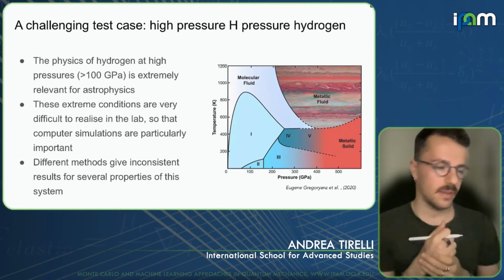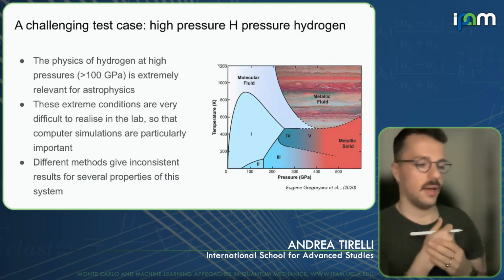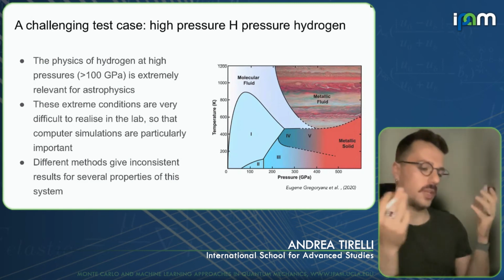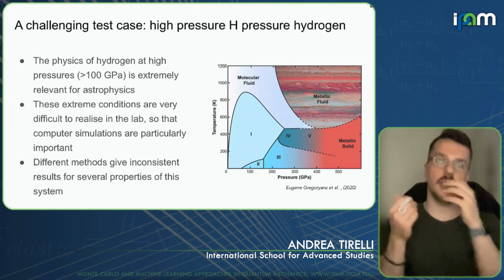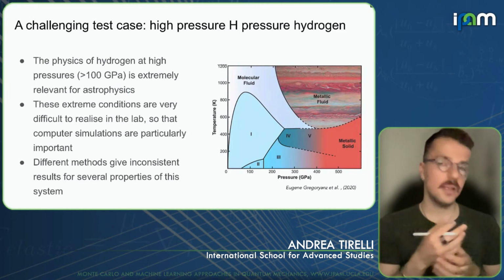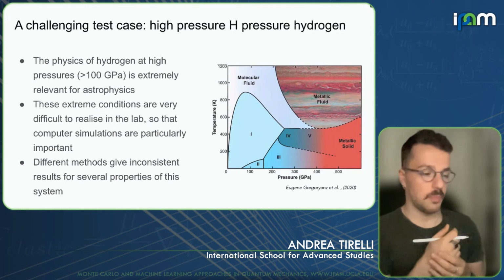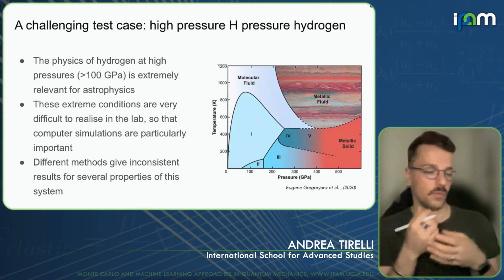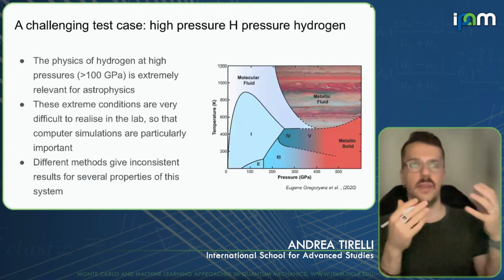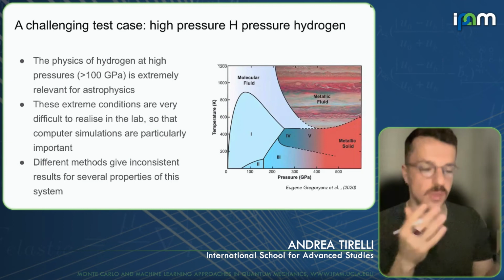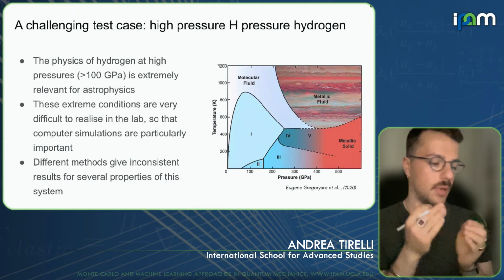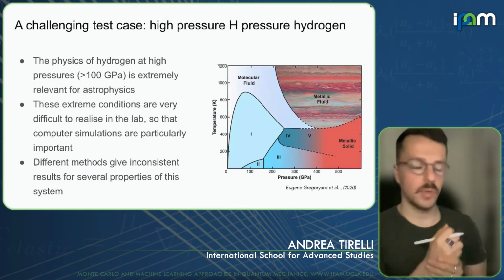So of course, you probably all know much better than me the importance of studying hydrogen at high pressure, especially in astrophysics and planetary science. And in these studies, understanding the properties of hydrogen with experiments is very difficult, because we are at conditions which are very difficult to realize in experiments, and so simulations become of paramount importance.